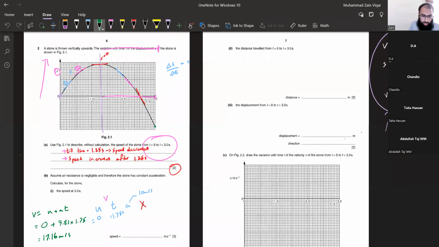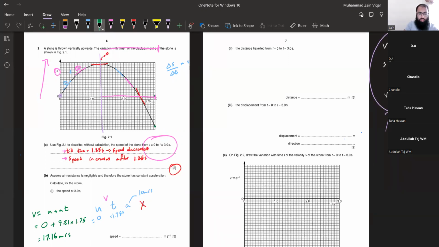Okay, so the next part: will we use the formula and split it? Yes, we will use the formula and split it because they're talking about distance. There's a difference between displacement and distance. If I went out from my house and started moving, went to McDonald's, had some ice cream, and came back, my displacement would have been zero, but my distance was there.